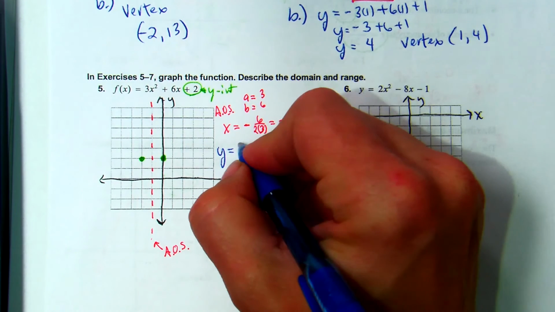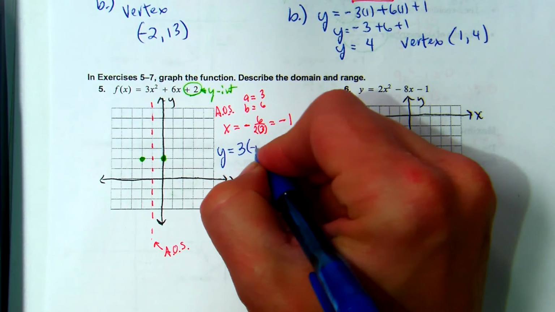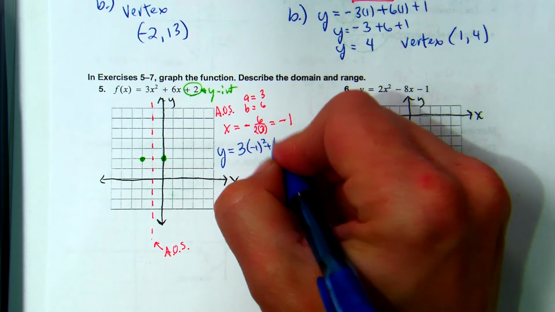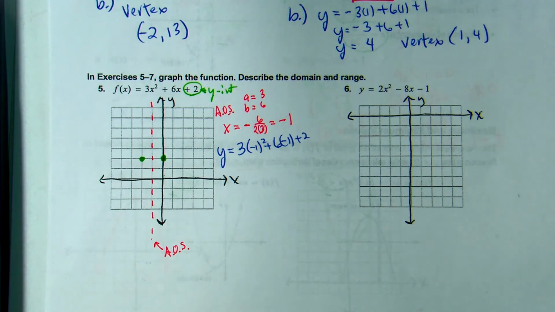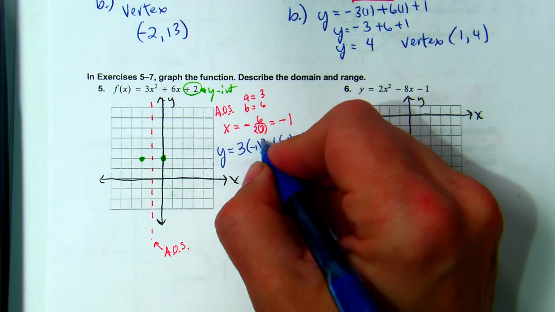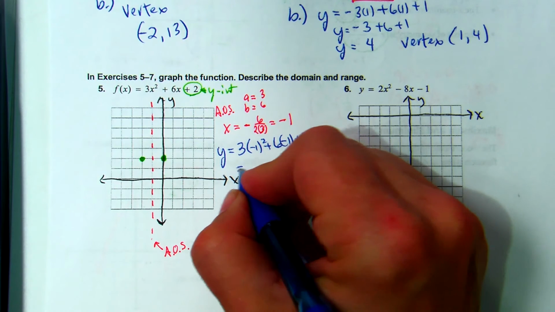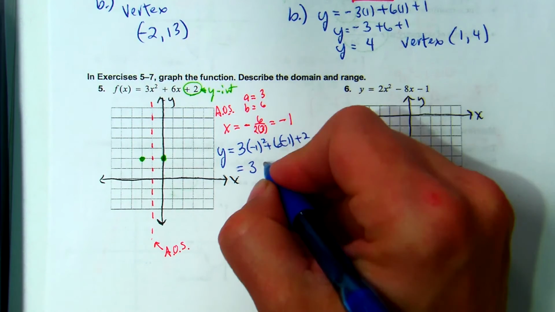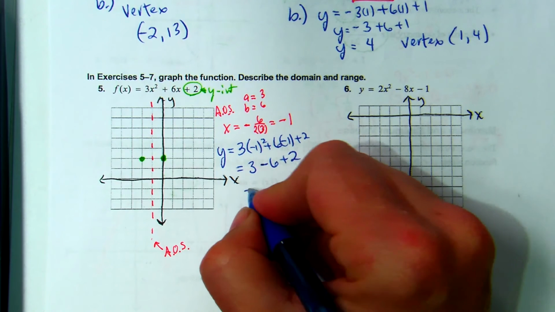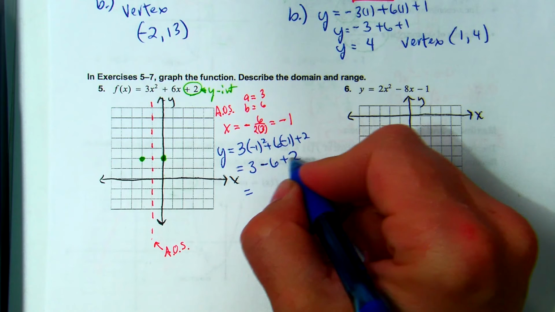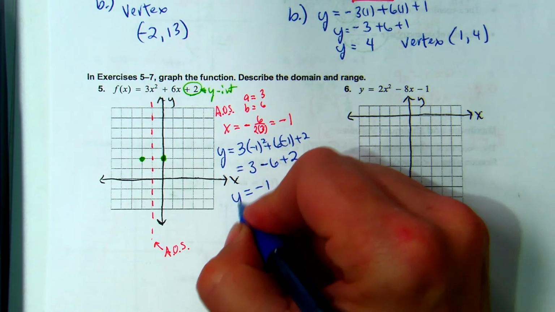y is going to equal 3 times -1 squared plus 6 times -1 plus 2. Okay? So we'll have -1 times -1 is 1. So this is going to be 3 times 1, or 3, minus 6 plus 2. And so our answer here is going to end up being -3 and 2, or -1. So y is -1.